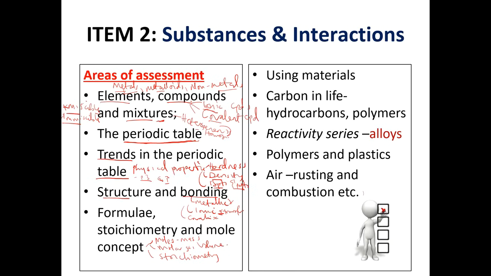So, in simple terms, that is the summary of mole concept. Understanding the formulas of different compounds, writing balanced equations, determining moles, mass, determining the formula. Don't forget the formulas.